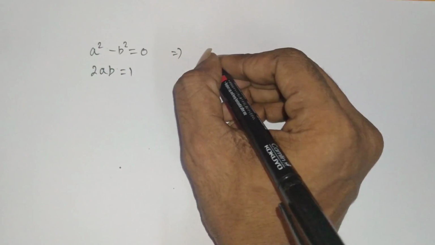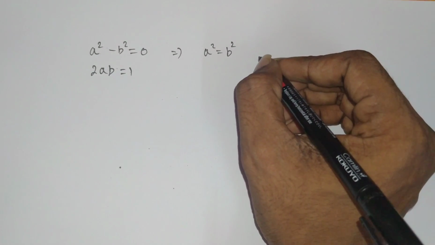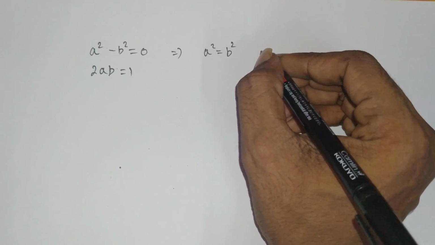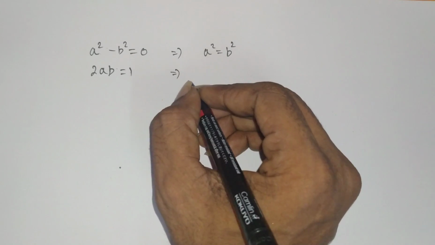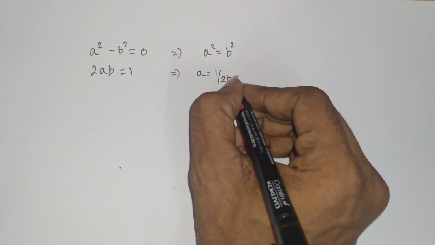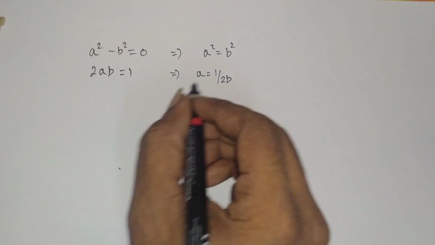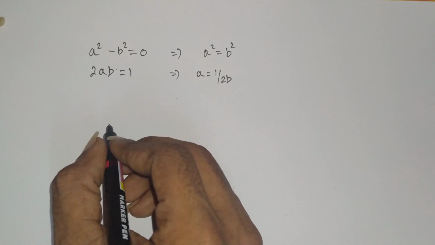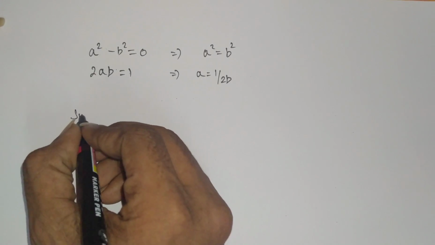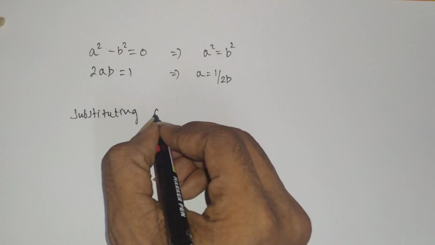From the first equation we can say a squared equals b squared, and from the second equation 2a equals 1 by b, which is a equals 1 by 2b. Now substituting a equals 1 by 2b in a squared equals b squared.